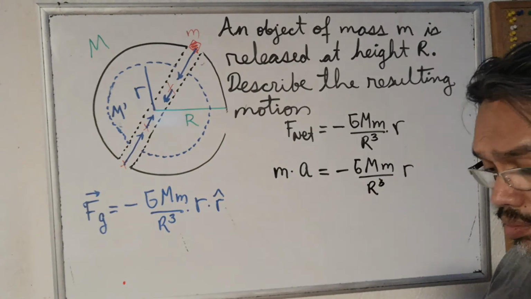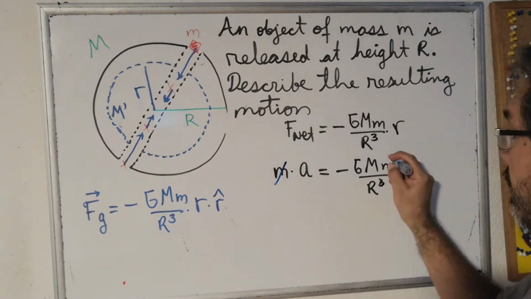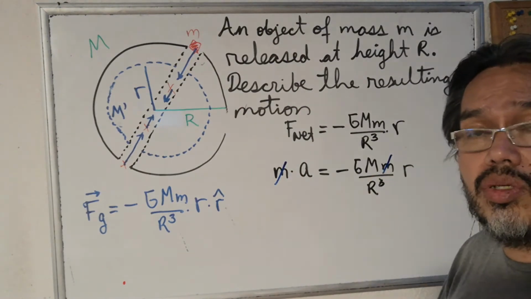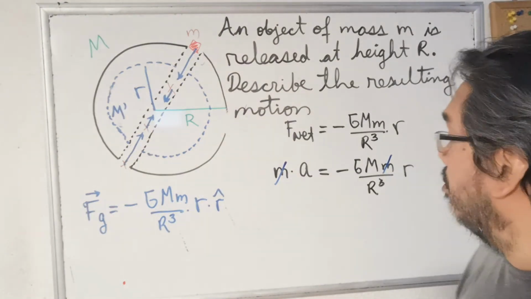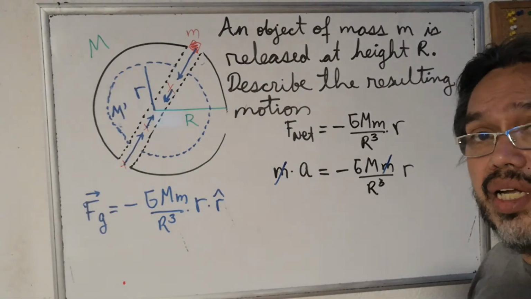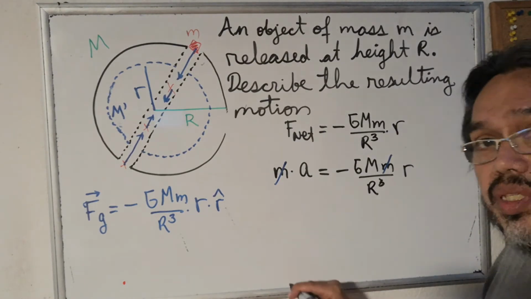And so what we're saying, basically, is that this acceleration doesn't actually depend on the mass of the object. It only depends on the mass of the planet and the radius of the planet. And so, you should be familiar with this by now.